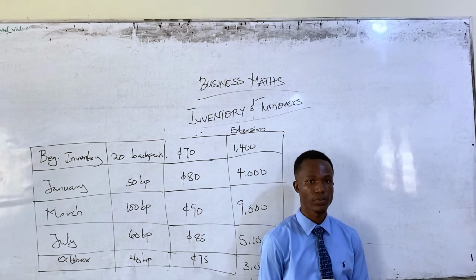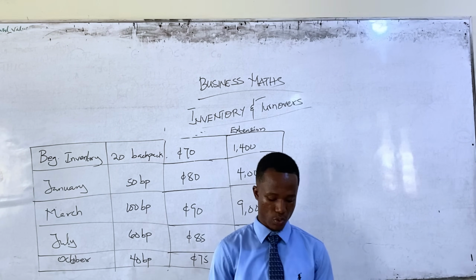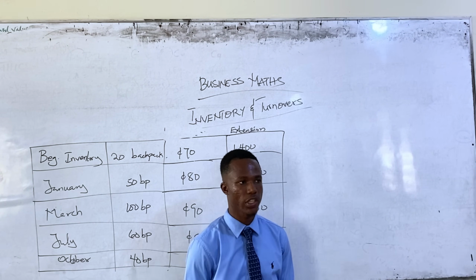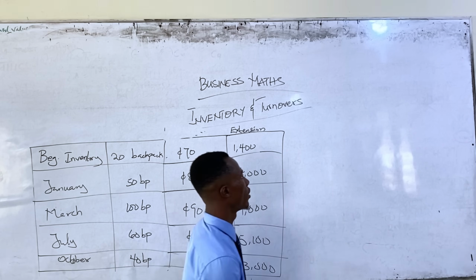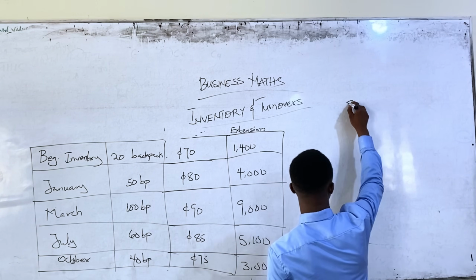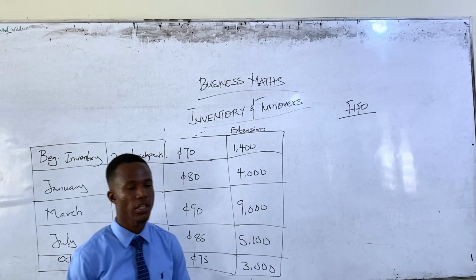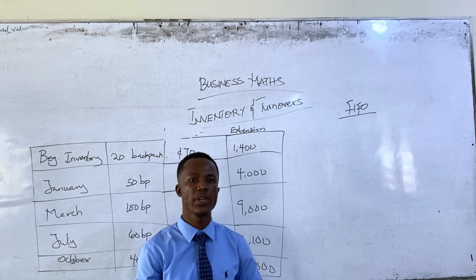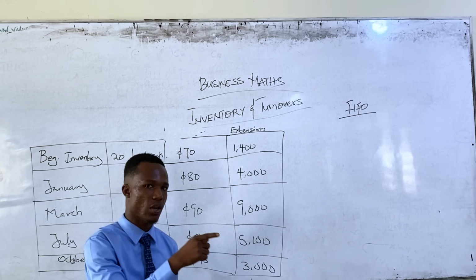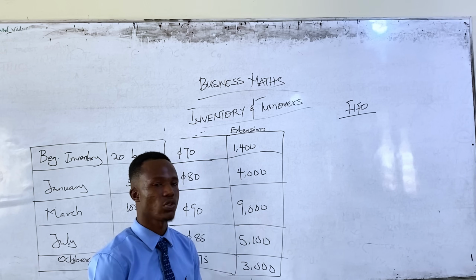Now we are going to look at the FIFO method. We have two methods, they are twins: the FIFO method and the LIFO method, but let's look at the FIFO method first. When we talk about the FIFO method, we mean first in, first out. What does it mean?